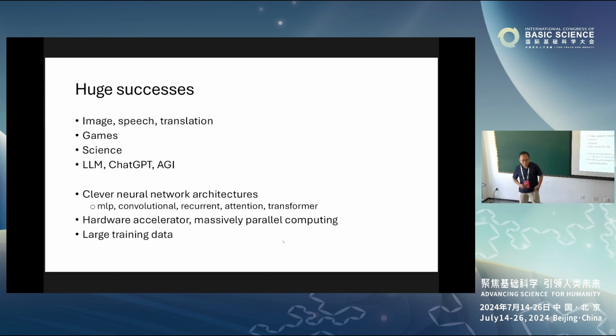The second is that this kind of training requires lots of computation, so it requires hardware accelerators, which can do massively parallel computing. The third thing is basically the fuel for this paradigm: training data. We need a large amount of training data so that we can train a good model.